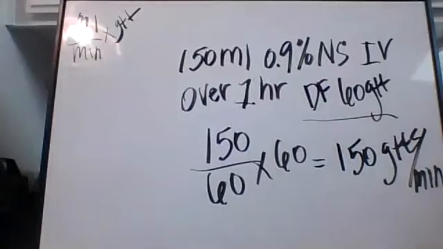So that's how you work that one out. Okay, these are rather simple, honestly. The more you do them, the better you get at them, okay? So some of you may be clear on the drop factor.